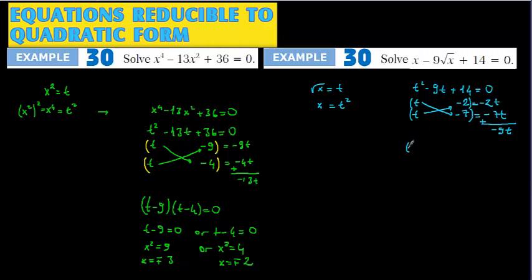Then it's going to be t minus 2 times t minus 7 equals 0. t1 is equal to 2, t2 is equal to 7.